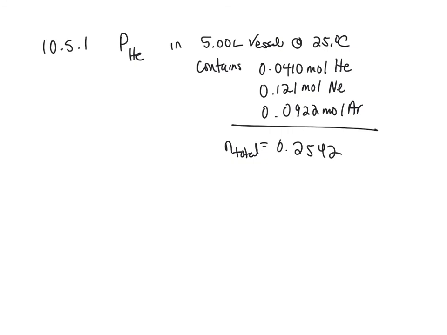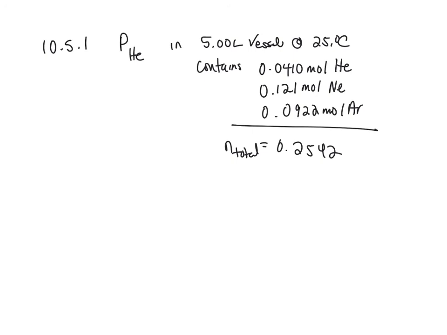And let me just double check that. I have a different number here. Let me check it again. 0.0410 plus 0.121 plus 0.0922. I get 0.2542. Okay, so that is the total moles.